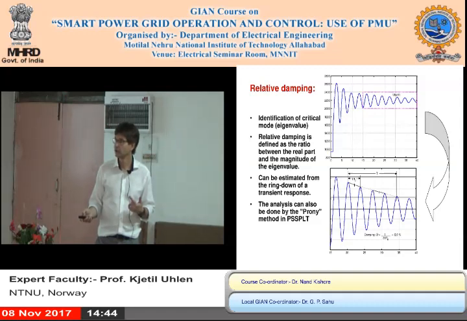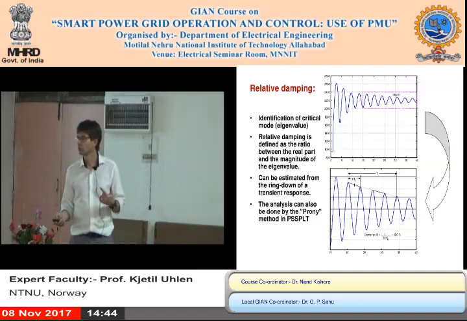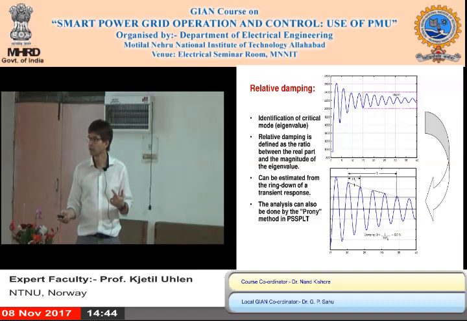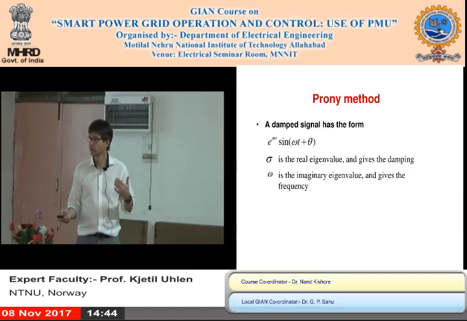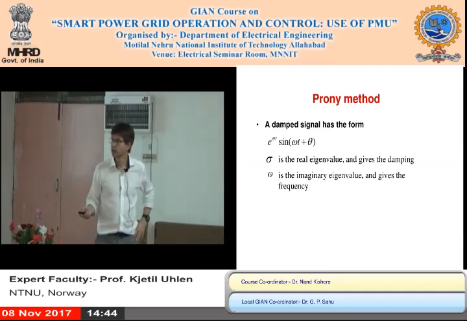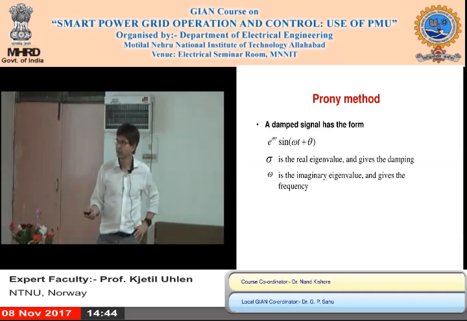That is the Prony method: you try to fit such a function to your signal and obtain the sigma, the omega and the theta. If you have two signals, you could also estimate the mode shapes by comparing the phase shift and the amplitude of the signal.